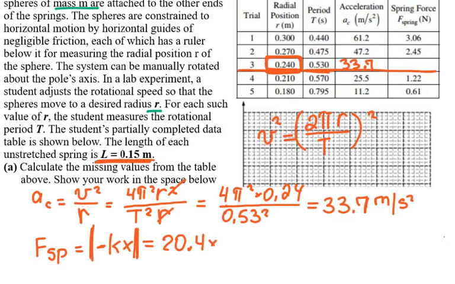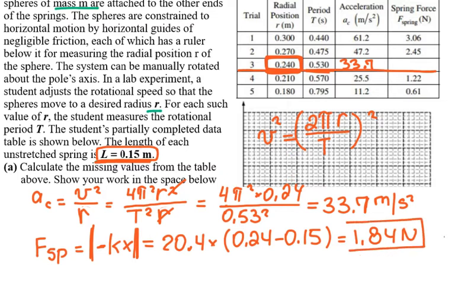So this is the normal size of the spring, this is the new size of the spring, so that's the change in size. So 0.24 minus 0.15, and that will give me 1.84 newtons. So I can fill this in and say 1.84 newtons, measured in newtons.